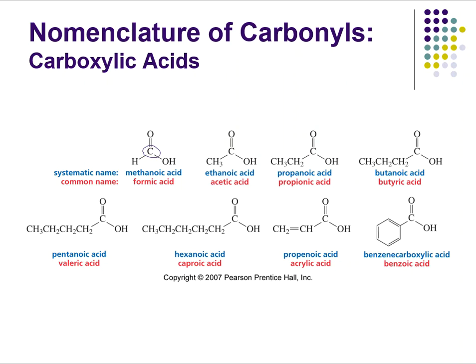Your choice. IUPAC name or common name. Here's the next one. Pentanoic acid. Makes sense. 5 carbons. And the common name is valeric acid. Next one. Hexanoic acid. There's my 6-carbon chain. And the common name is caproic acid.